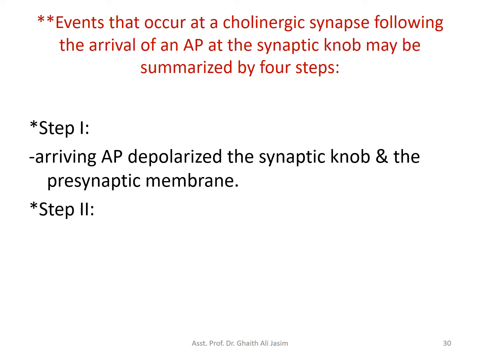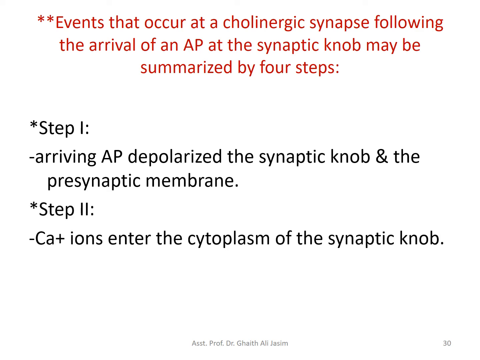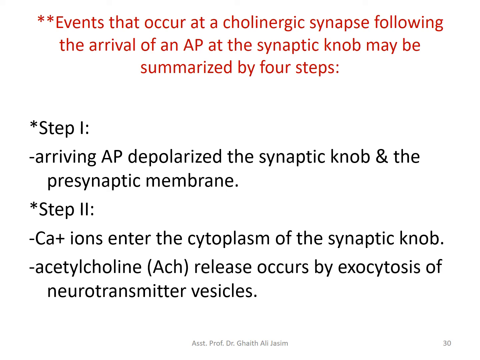Step number 2, calcium ions enter the cytoplasm of the synaptic knob. Then a chemical or neurotransmitter, here acetylcholine, is released by exocytosis of the neurotransmitter vesicles.